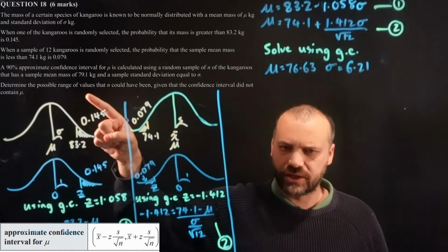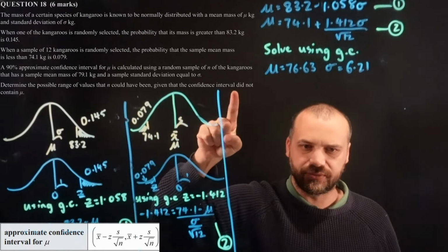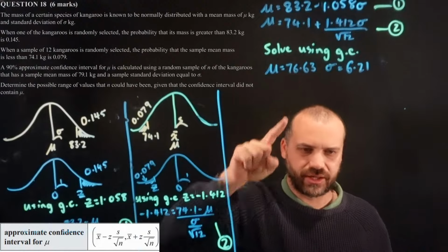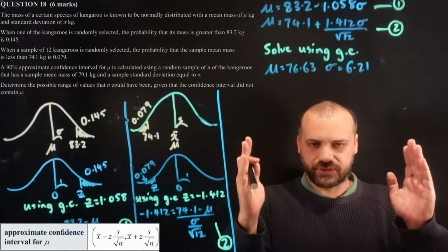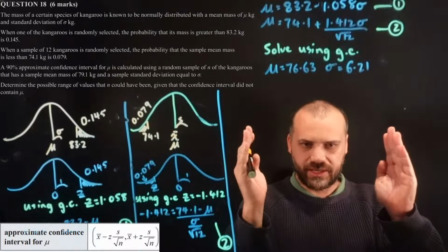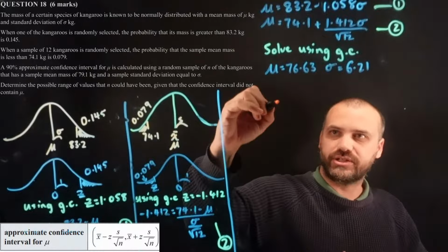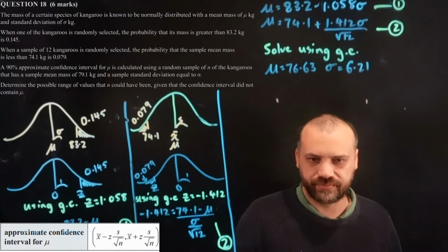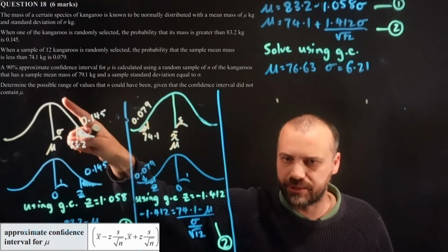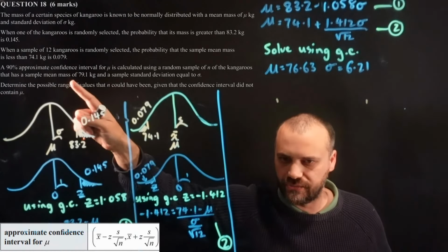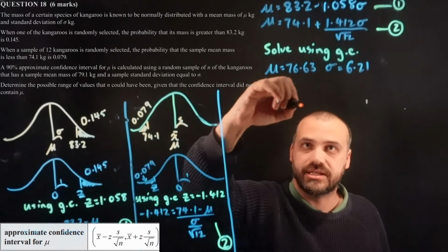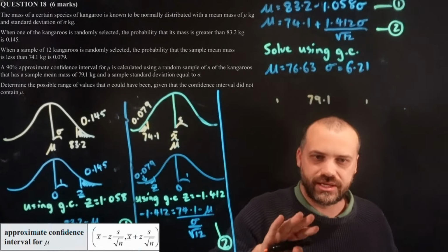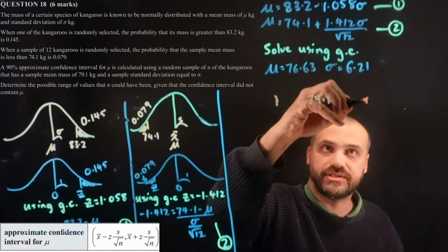We determine the possible range of values of n given that the confidence interval did not contain this value right here. All right, so when we create confidence intervals, we end up with two numbers, one on either side, and the idea is that we're going to find two numbers that don't contain 76.63. Those two numbers are going to be either side of the mean mass of the sample, 79.1, right? And we want 76.63 to be outside of this confidence interval.